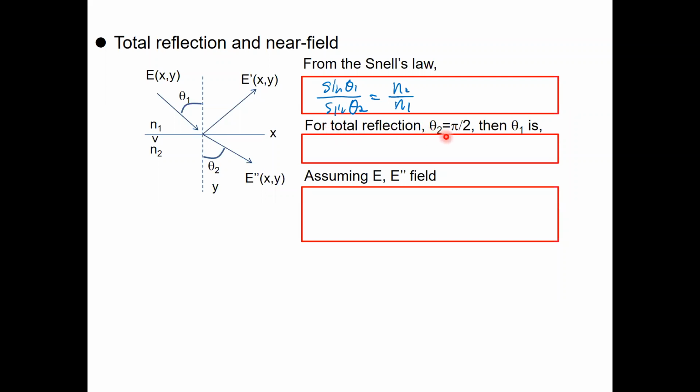So theta 2 equals pi over 2, meaning sine theta 2 equals 1, and then sine theta 1 equals N2 over N1, meaning theta 1 equals arcsine of N2 over N1.